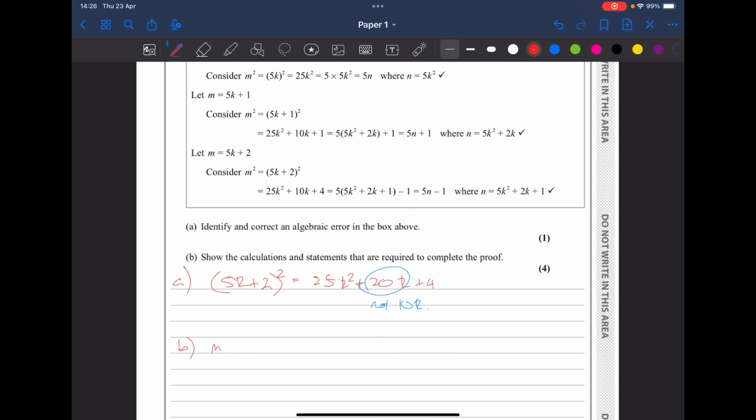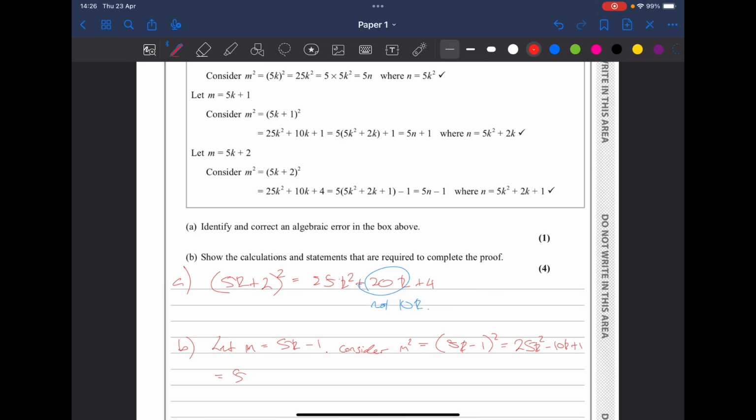So if we basically just copy it word for word, let m equal 5k minus 1. And then we're going to consider m squared equal to 5k minus 1 squared. So expanding those brackets, we get 25k squared minus 10k plus 1.